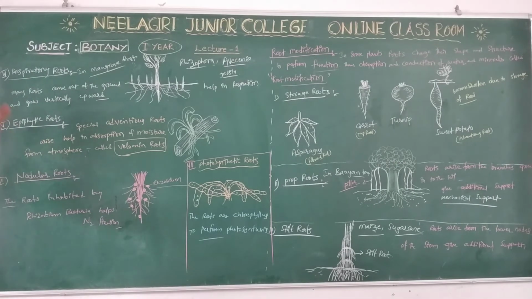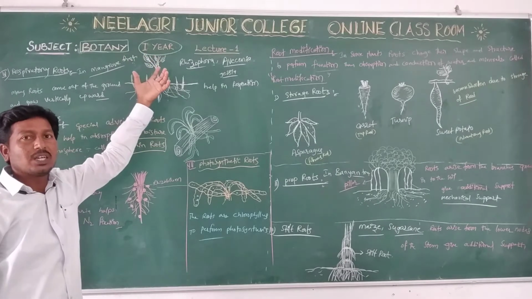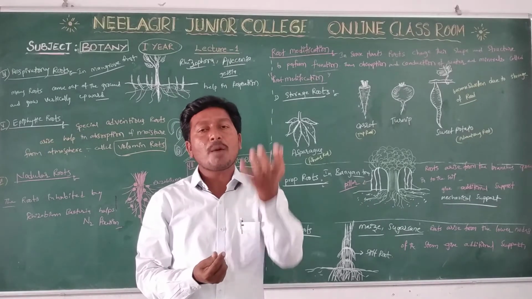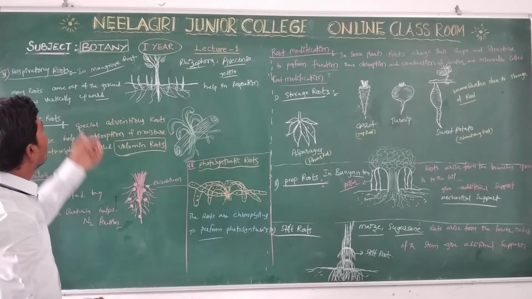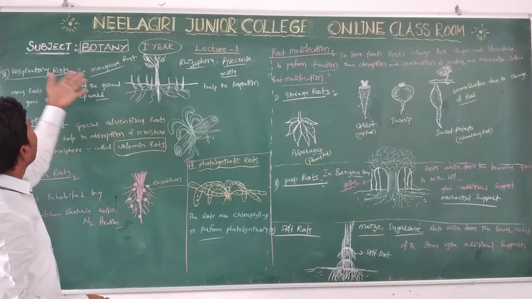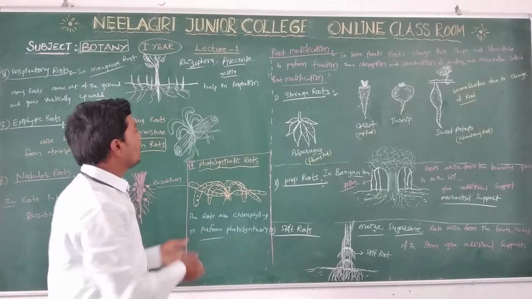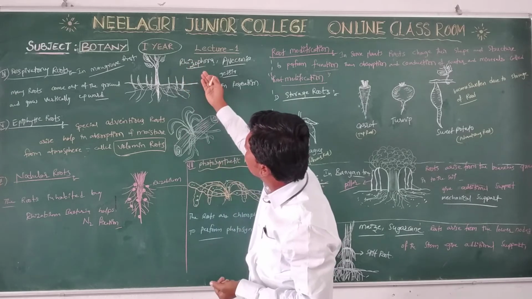These roots come out of the ground and grow vertically upward. This type of root is called respiratory roots, and it is an upward movement of the roots.